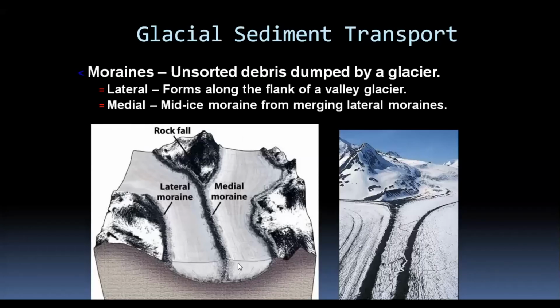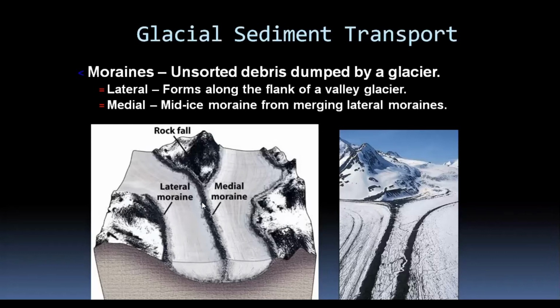movement of ice from one point A to point B, and you can see that this is the cross section of these glaciers, and as a result in the middle you are seeing a moraine deposit that is called the medial moraine.